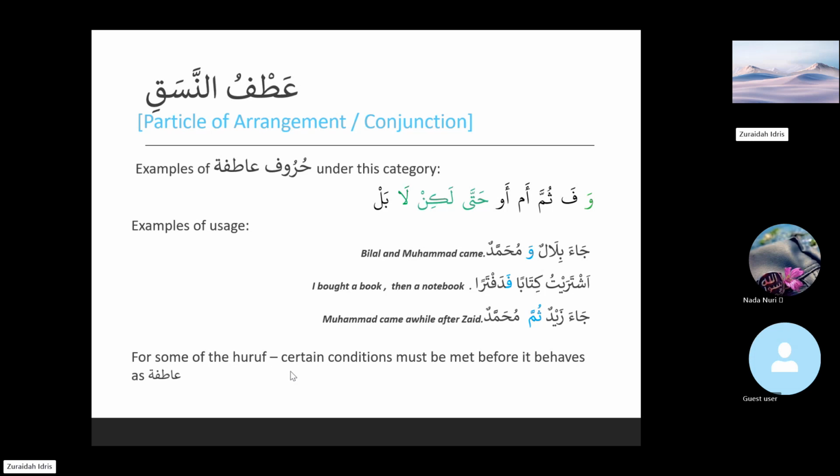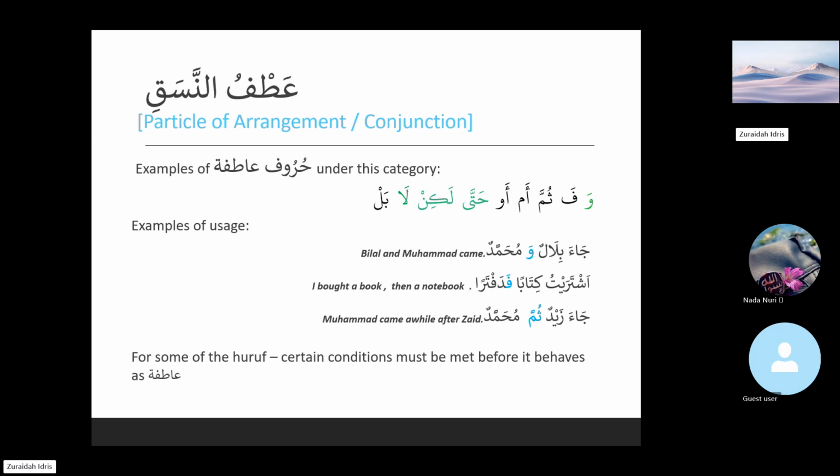Now, for some of the huruf, certain conditions must be met before it behaves like an atf. We know this can be haliyah, and other things as well. Hatta can be a harf jar. It can be atf. It can also be what we call ibtidaiyah, used at the beginning of the sentence. And lakin is atf only when certain conditions are met.